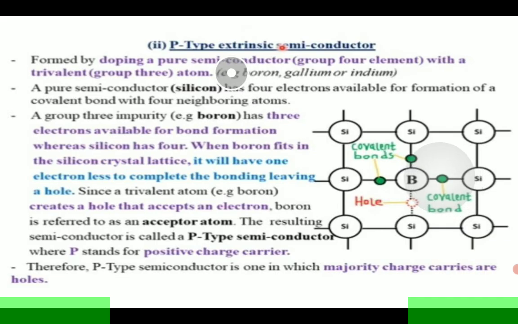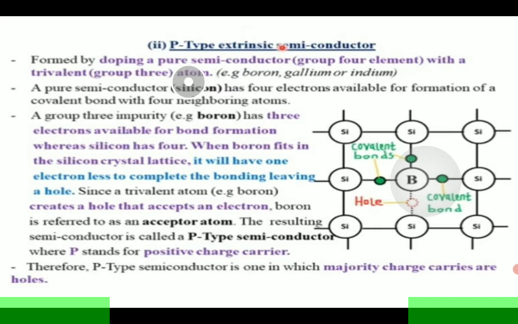Now, in order to make a P-type extrinsic semiconductor, you dope a pure semiconductor, which is a group 4 element, silicon or germanium, with a trivalent atom. Remember, tri means 3, so we are looking at any group 3 element.